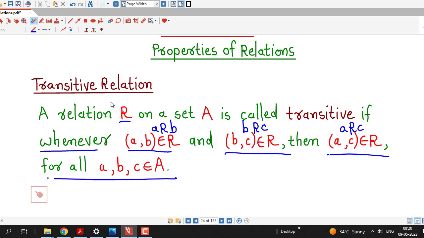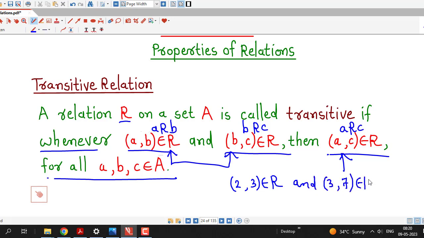Whenever we want to check whether our relation is transitive or not, we have to check for the existence of this type of pairs in our relation. If this type of pairs are present, then we have to check that the resulting pair is also present in our relation. For example, suppose we have (2,3) in our relation and (3,7) is also present.